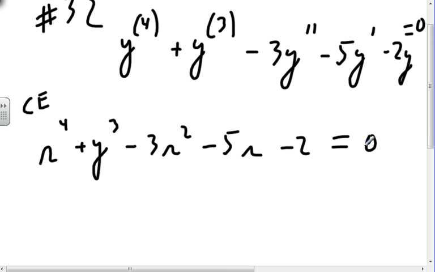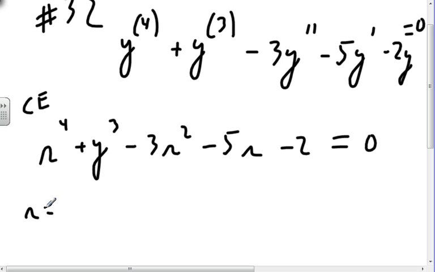And I look at that and say, minus 1 appears to be a root. Is minus 1 a root? Yeah, minus 1's a root. Minus 1 plus 1, they go away. Minus 1, 5, minus 5, they go away.